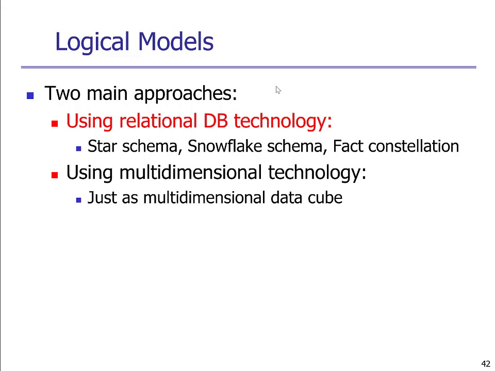One is using relational database technology. One is to use multi-dimensional technology. For those based on relational database technology, we will discuss the star schema and some of its variants. And multi-dimensional technology is just the multi-dimensional data cube, which we have discussed before.